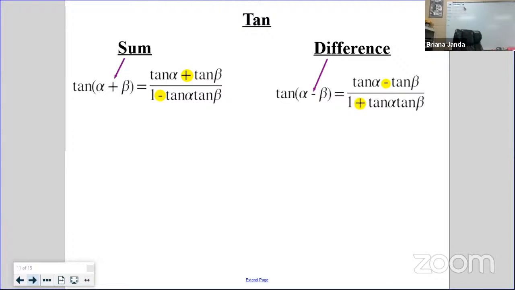Okay, and I'm going to warn you that with tangent, the better your number sense, the easier you can make tangent. So it is worth the time at the beginning to slow down, to make sure that you are picking strategically.